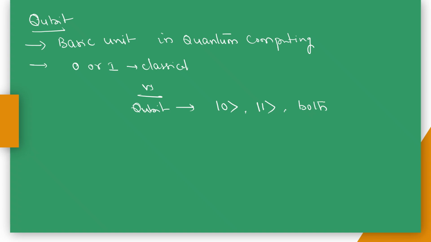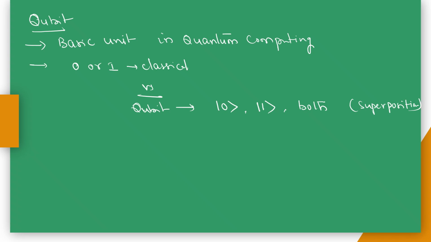This both is called superposition. So the quantum bit can be in the 0 state or the 1 state or both states, whereas in the case of a classical bit, both is not possible, only any one state.